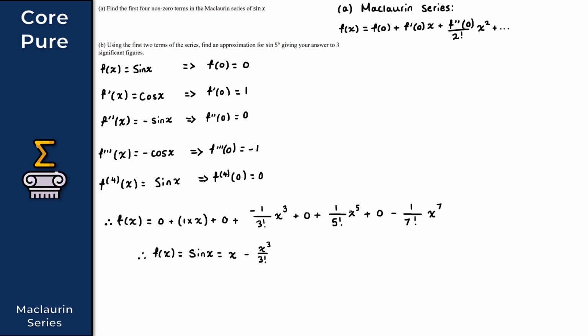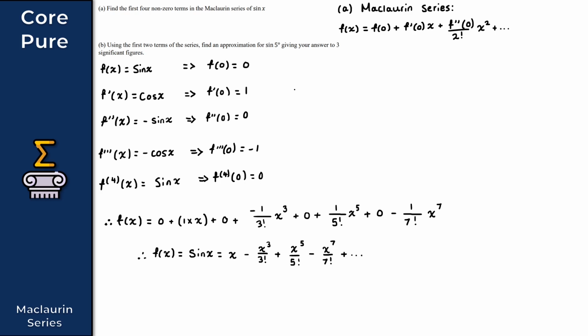We then get x to the 5 over 5 factorial. We then get minus x to the 7 over 7 factorial, like so. This just keeps going on and on. And this gives us the first 4 non-zero terms in the Maclaurin series of sine x. So now let's have a go at part B. That's the solution to part A.